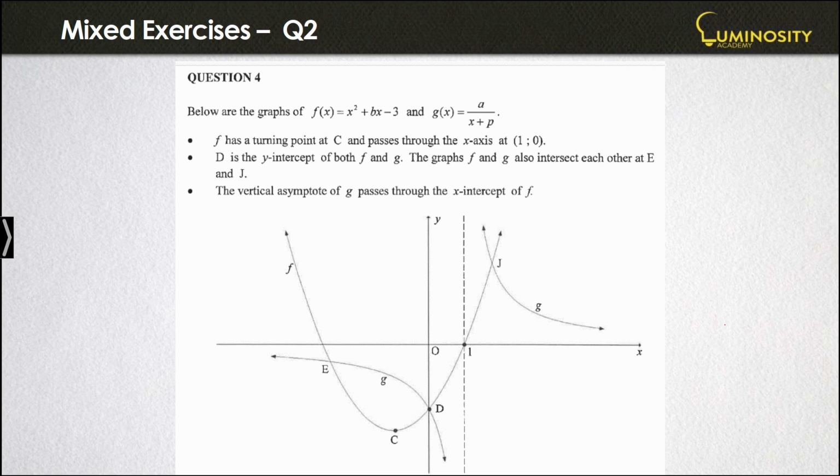Now the other thing is, we know that these two intersect at a certain point, and we also have g of x equals a over x plus p. We know that D is the y-intercept of both of those. If that's the y-intercept, then at x equals 0, they both intersect at that point.